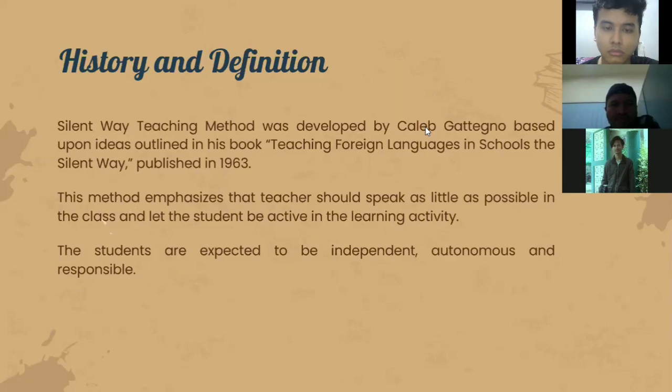Instead, the teacher uses colored paper on the board, as will be shown in the example video, and word charts and the charts that indicate the correct sounds of certain letters, called the Fidel charts, without the teacher having to teach pronunciation through rote memorization or call and response exercises. So that's the history and definition.